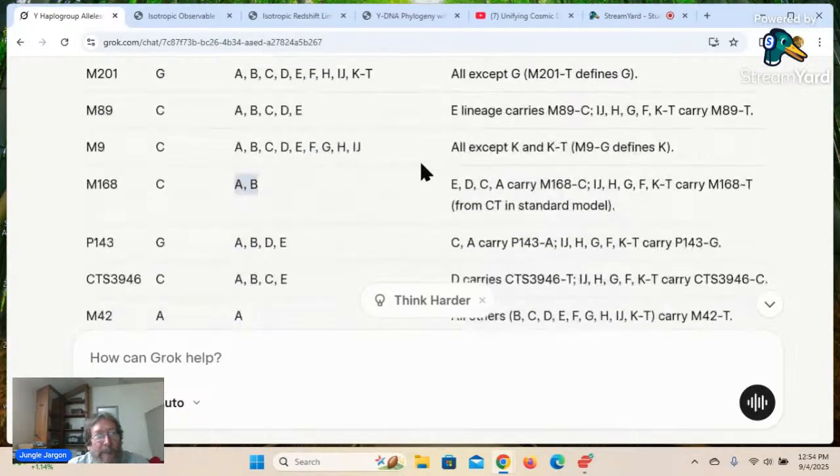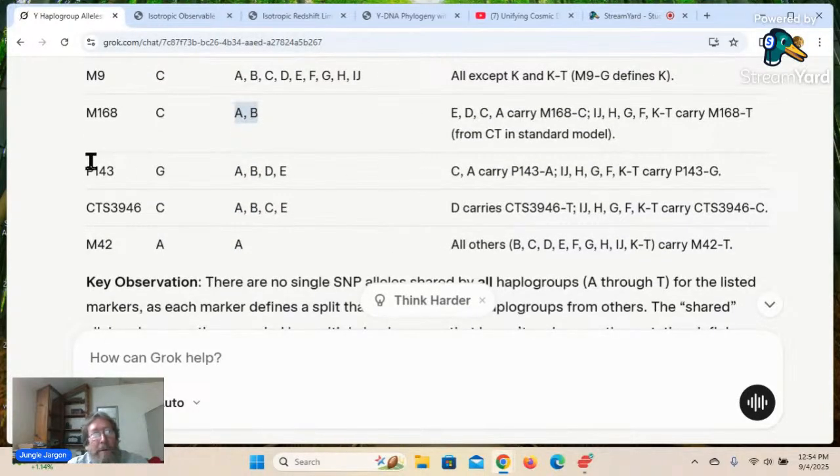But okay, so I guess I have to go now, but this is looking really promising here. Looking really good. M160. Oh, that's Donnie Badinsky's. Okay. All right. So yeah, this used to be like of Nimrod. Now it's, wait a minute, E, D, C, and A. Oh, okay.